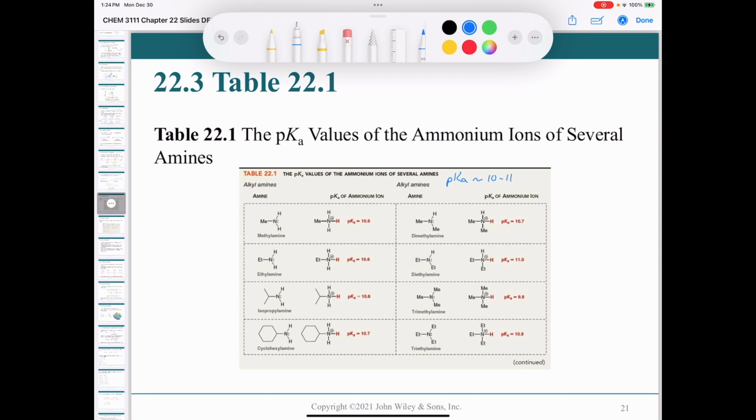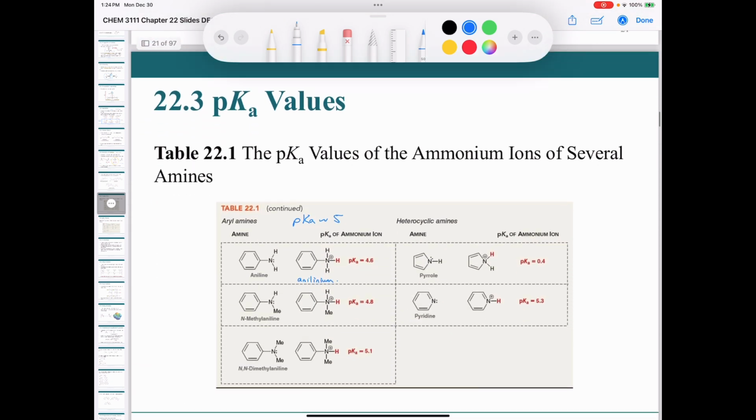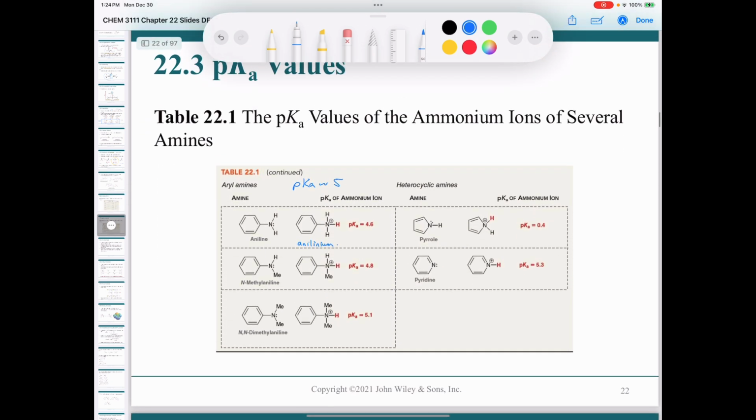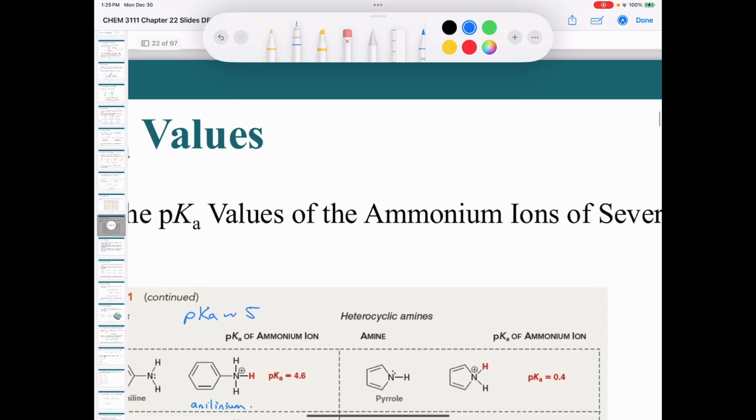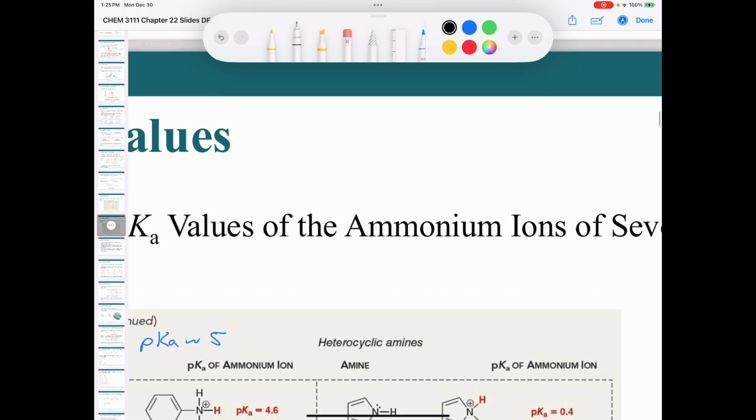So what does that tell you? Now remember, the stronger the acid, the weaker its conjugate base. So what that tells you is that an aniline is going to be a weaker base than, let's say, methylamine or ethylamine. Now let's think about that. If we just sketch these up here, we compare NH2 with an ethyl group, so this is ethylamine, and then we compare it to aniline.